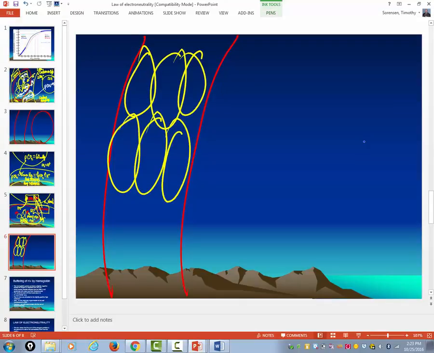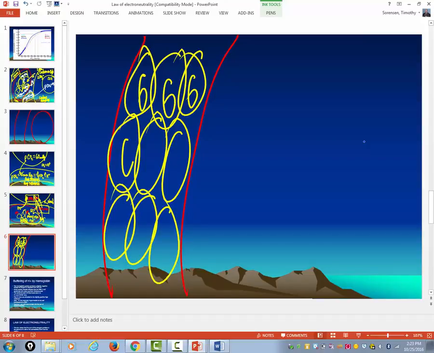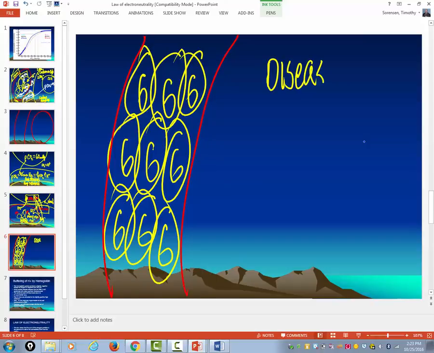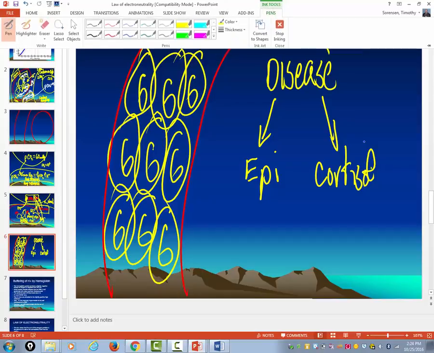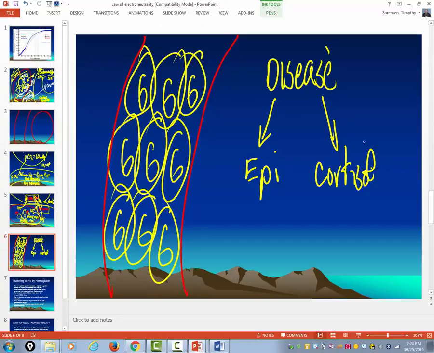You are either a type 1 diabetic who didn't take their insulin, or you're a type 1 diabetic and you're very sick. If you are sick, you have dis-ease, and that is going to cause the release of epinephrine from the adrenal medulla and cortisol from the adrenal cortex. And both of these hormones are designed to raise your blood sugar.